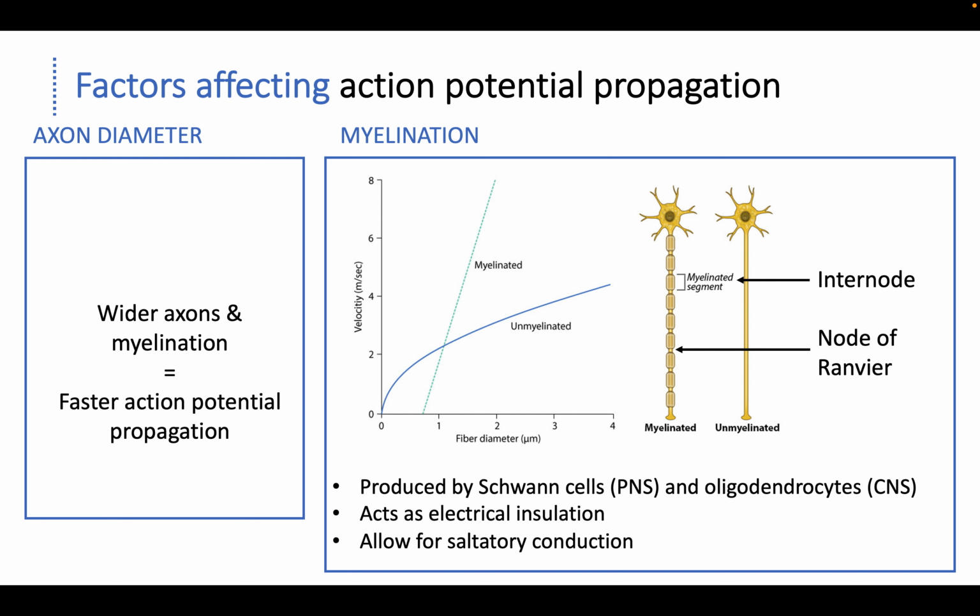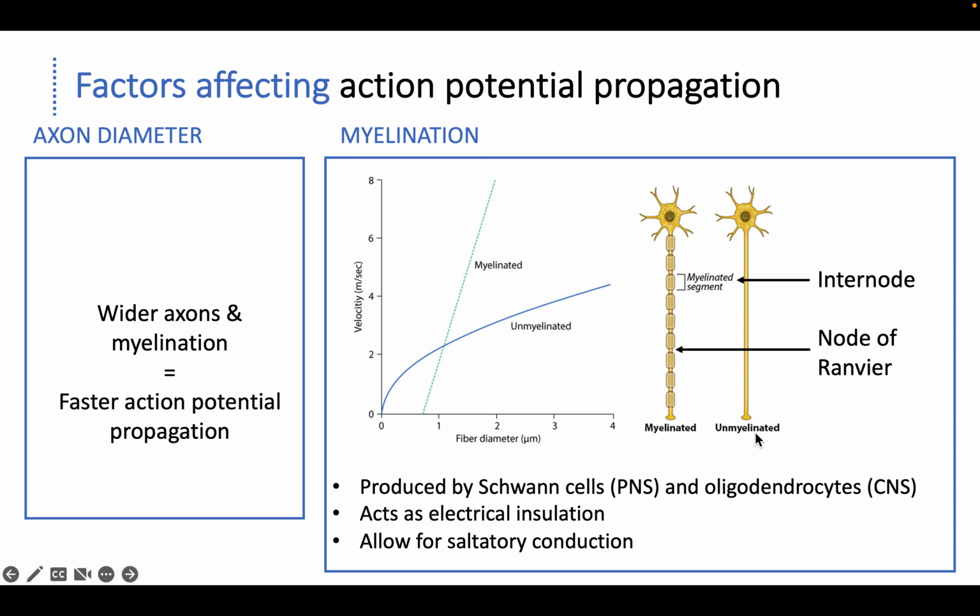So what this means is that the process of sodium channel activation, opening, sodium flowing through, inactivation, and then closing, and this whole process of depolarization and repolarization and using the sodium-potassium pump to pump ions on either side of the membrane, in an unmyelinated axon, that has to happen at every single point down the neuron. So it has to happen here and here and here and all the way down this axon, the whole entire length at every single point.